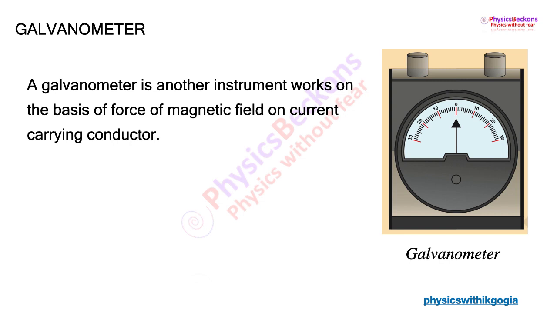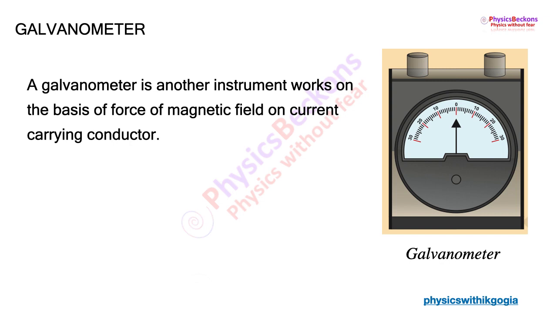A galvanometer is another instrument which works on the basis of force of magnetic field on current carrying conductor. Galvanometer basically is used to detect and measure current flowing in an electric circuit. We place the galvanometer in the circuit. There's a coil in the galvanometer, an essential part, placed in magnetic field.